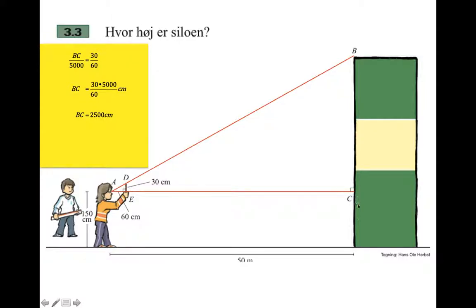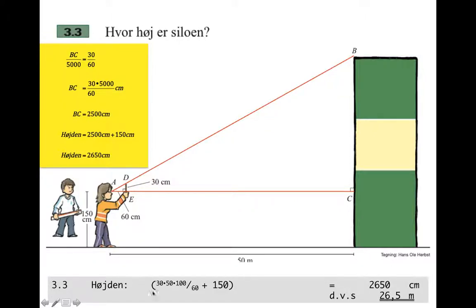But that's not all of the silo, because you've got this extra 150 centimeters, which is the height from the ground to Yulia's eyes. So you've got to add that on. So the height is the 2,500 for the triangle plus 150 for the height from the ground to her eyes. And that makes 2,650.